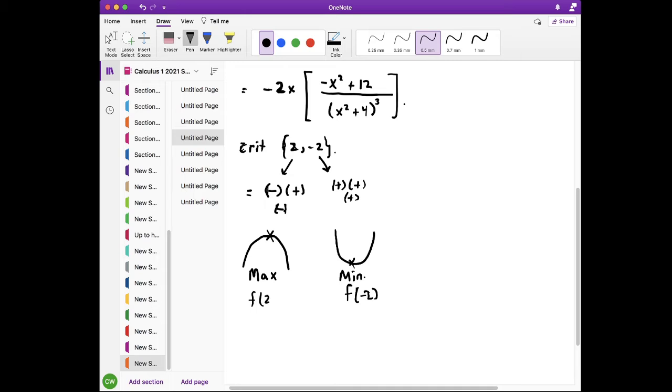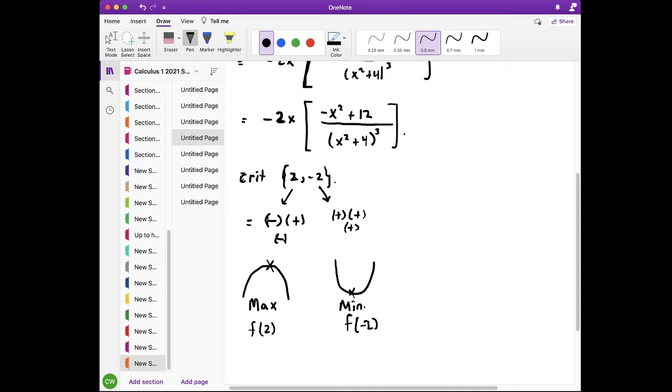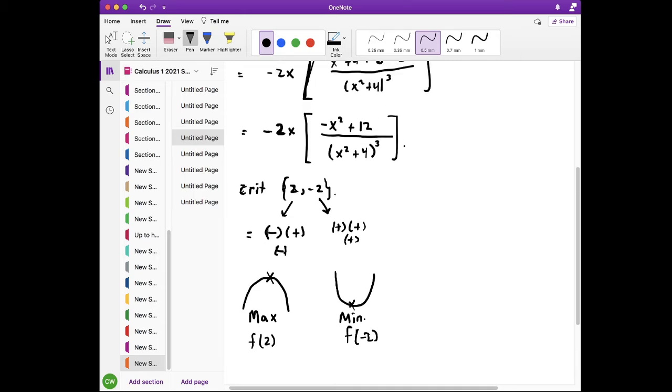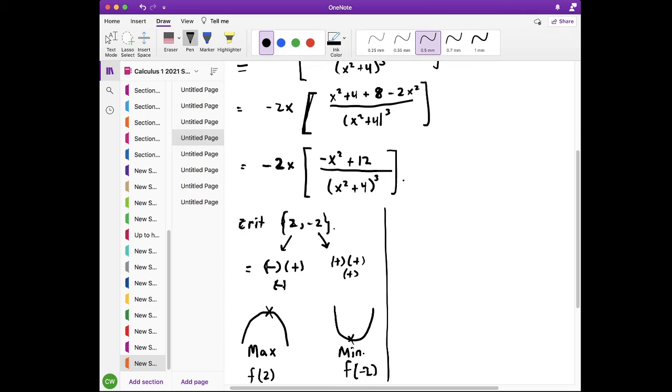While we're here, let's try to see what the inflection points are. How do you find inflection points?